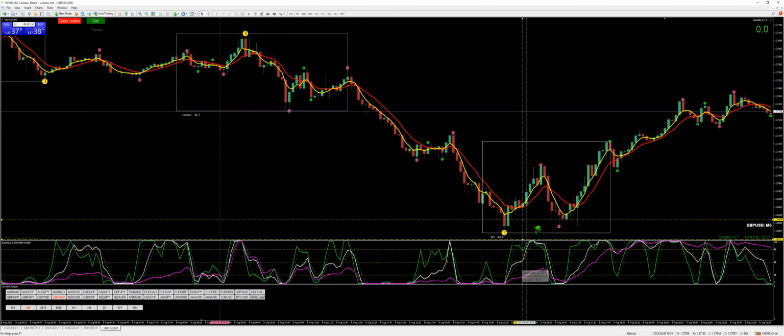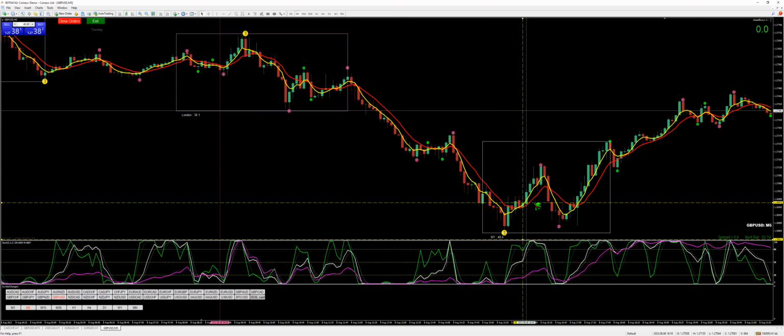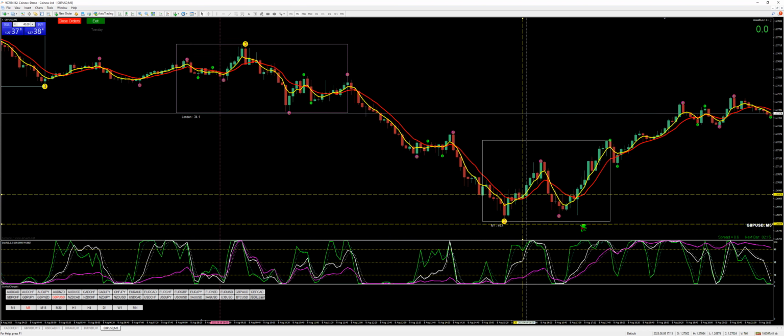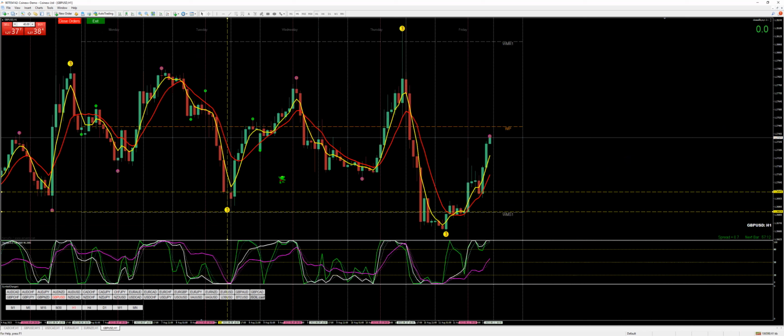And the white cross is that. That's the entry. Here's the stop loss. Once again on the 1 hour, this was end of the day, 45 pips. Again, we're looking for a long.